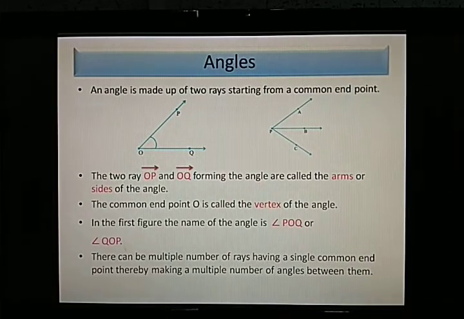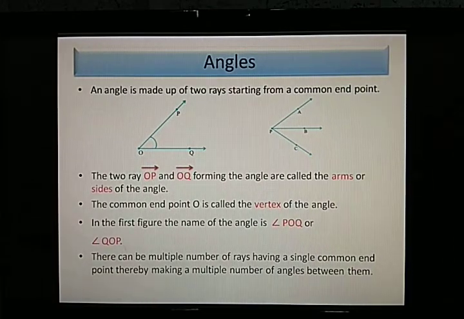No matter how many rays come out, the area found between two rays will always give us an angle. Clear? So you can see here angle APB and angle BPC. Since there are three rays, two angles are definitely formed: between the two rays AP and BP, and between the two rays BP and CP, this area. So here two angles are formed.